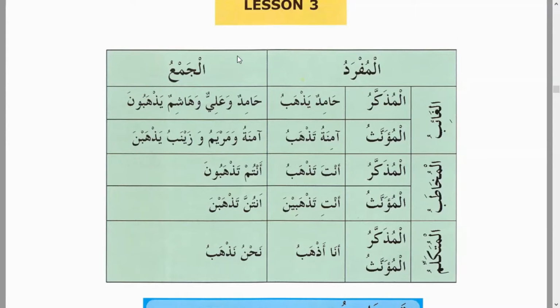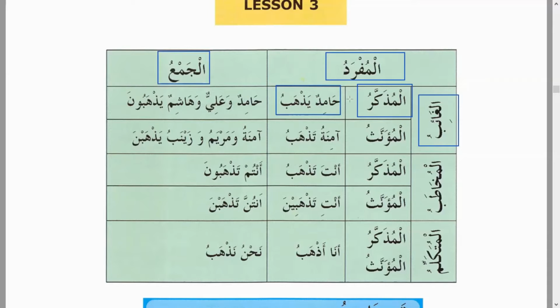If it is singular, ghaib, third person and masculine, we use yazhabu, yaf'alu, like the example he gave: Hamidun yazhabu. But if it is plural, ghaib and masculine, everything is the same except it is plural, so it will be yazhabuna.